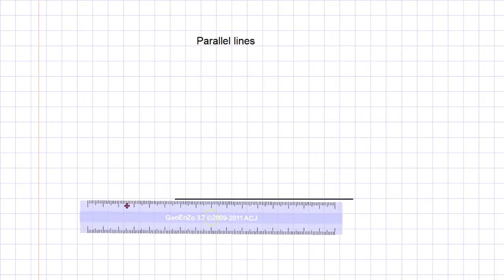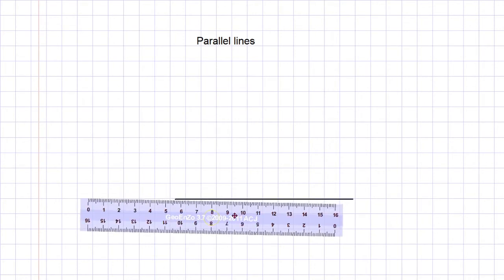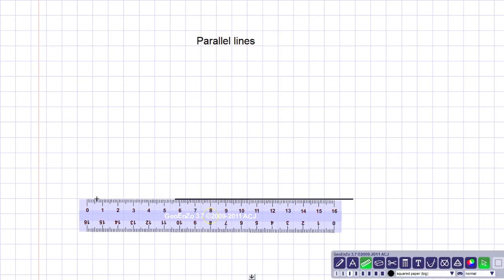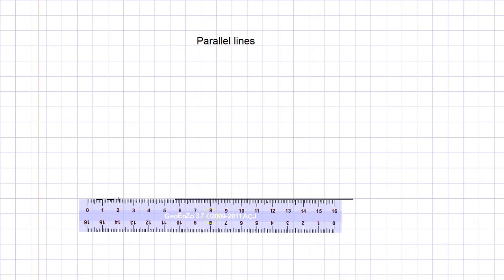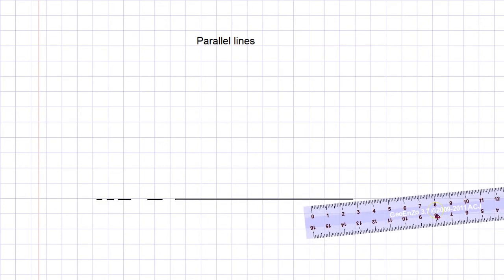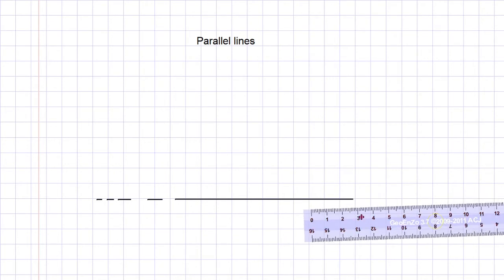I will produce this side using dotted lines, and this side also using dotted lines.